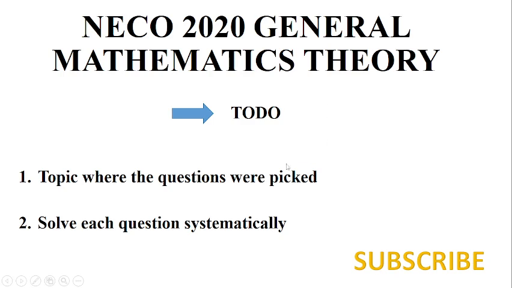Now, without wasting much of our time, we are going to jump to the first question. Of course, we know that when it comes to WAEC or NECO, in mathematics, in the theory part, we have two parts: the compulsory part, which consists of 5 questions which you have to answer all, and the optional part, which comprises 7 questions, and you have to answer 5 out of the 7 questions, making up 10 questions in theory.